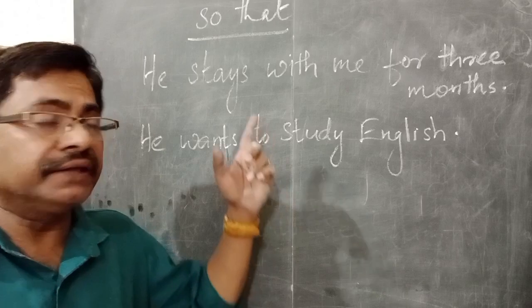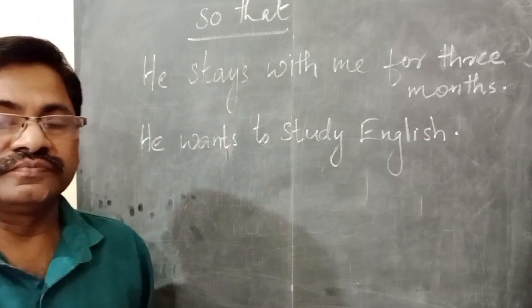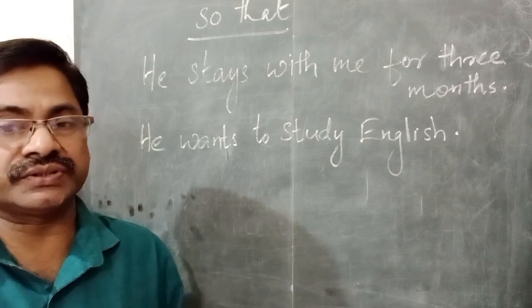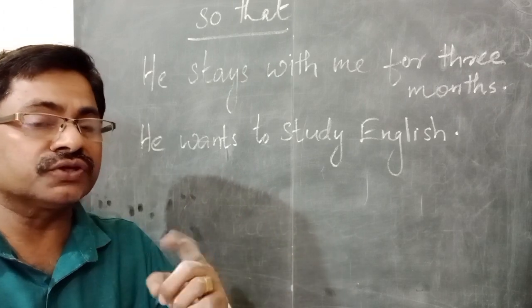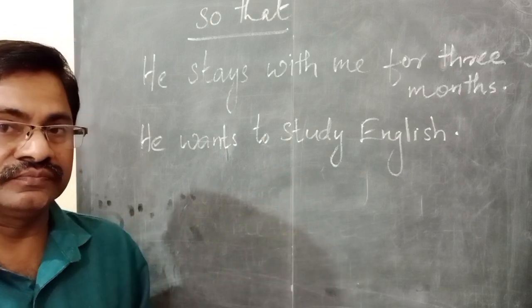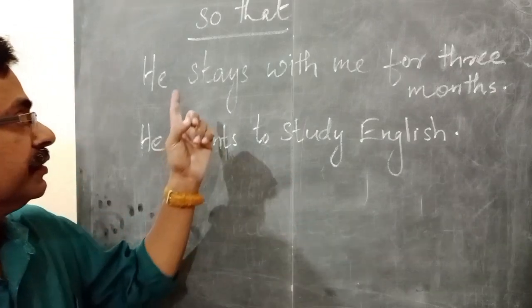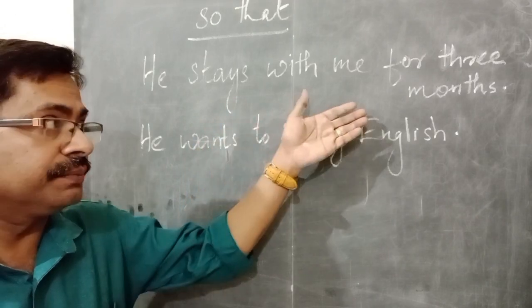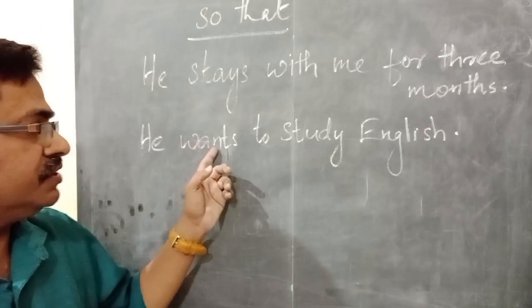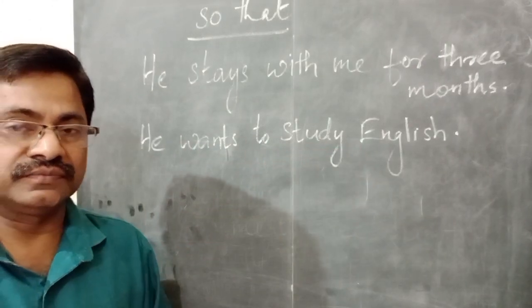Now we can study another one: so that. This is known as the adverbial clause of purpose, because it indicates a purpose. Look at the example. He stays with me for 3 months. He wants to study English.